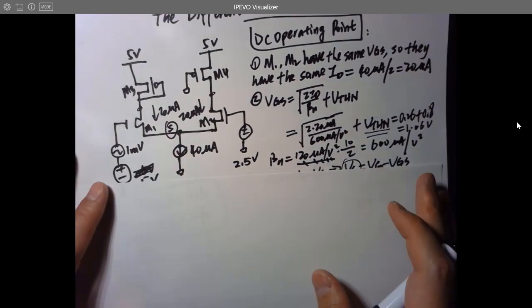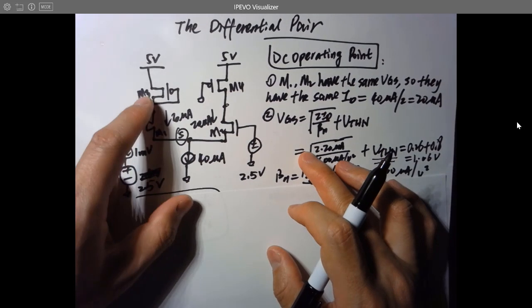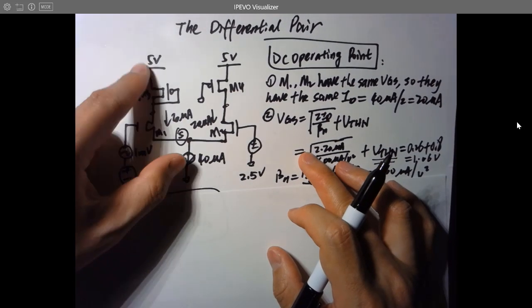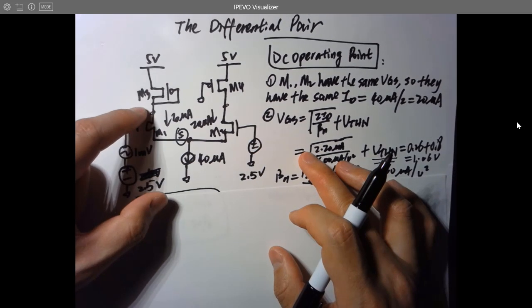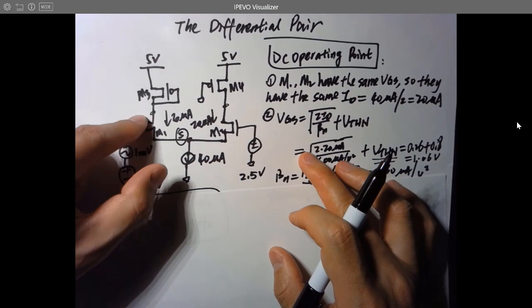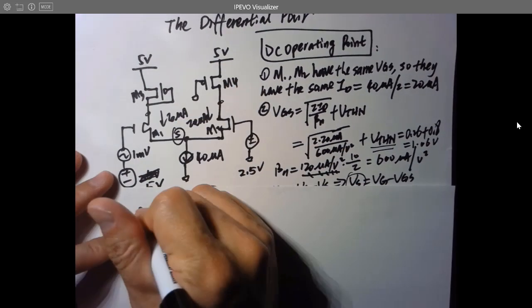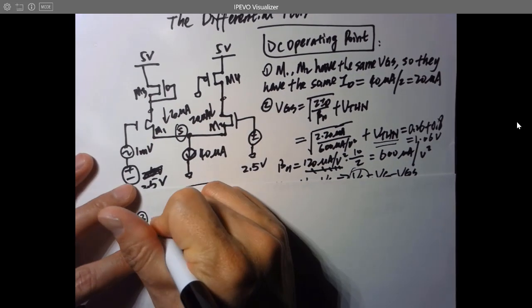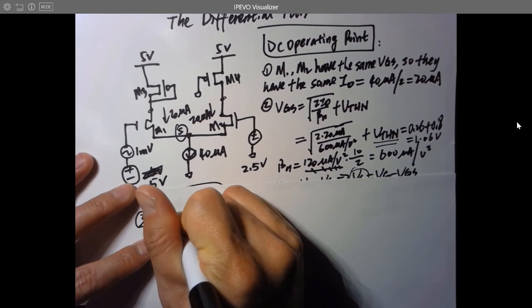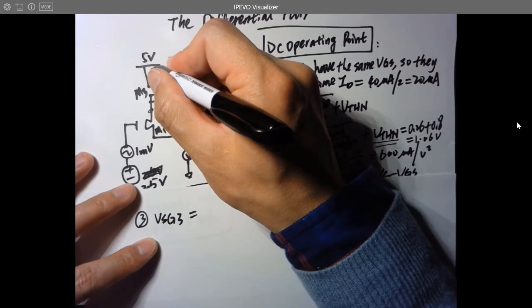Because this is a diode connection, we know that this PMOS is going to be operating in the saturation region, and we know VS over here, no, we don't know this yet, but we know 20 microamps. So same concept. For the third step, we are going to calculate VSG3, which is a voltage from VS to VG.